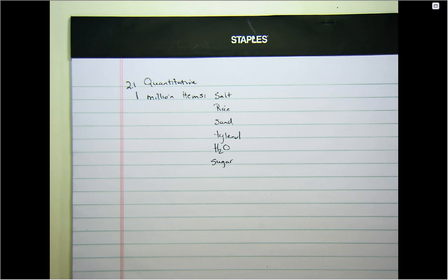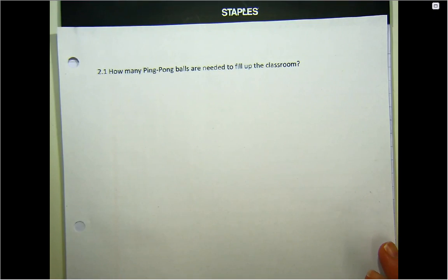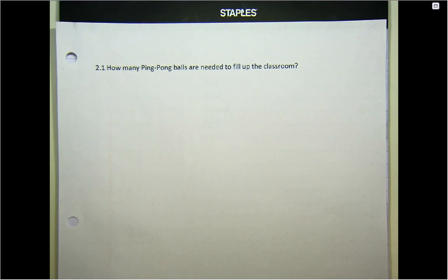So we're thinking quantitatively. Your author starts these sections out with a question. The question for today is how many ping pong balls are needed to fill up this classroom? So we're going to write that down.